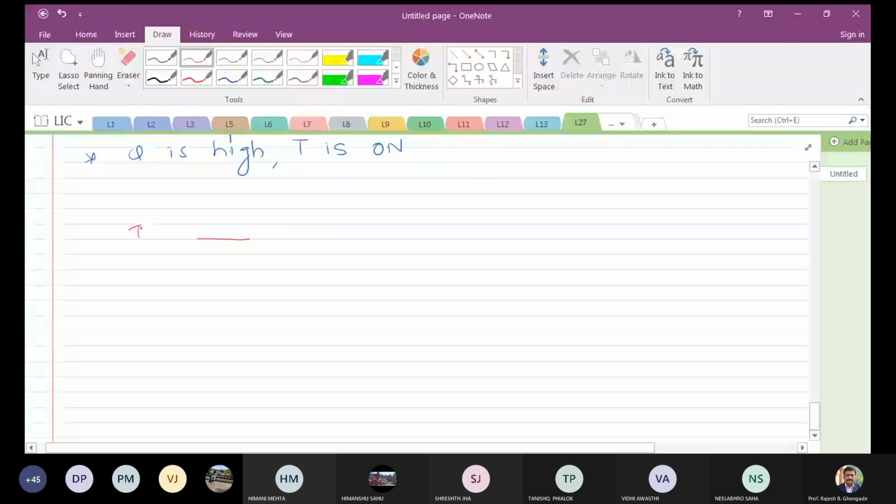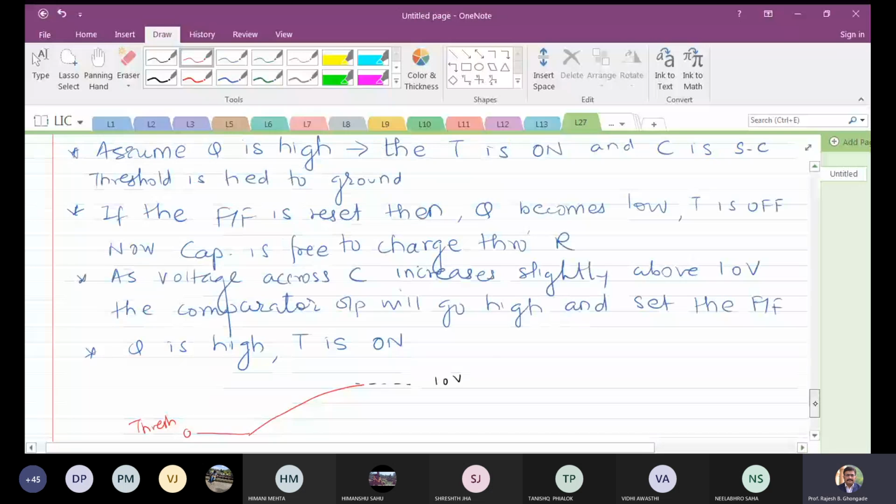It starts with 0, then it charges to a value, in this case here 10 volts. Where we are looking at the output is this point. We call this Vout. That is your Q bar.